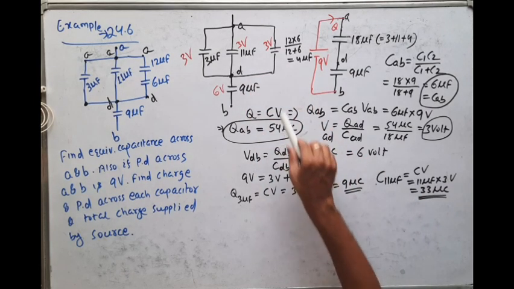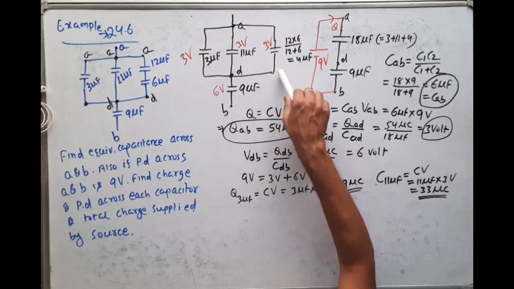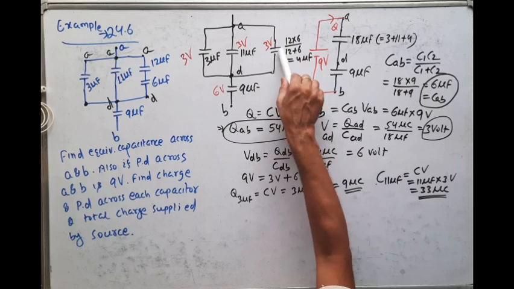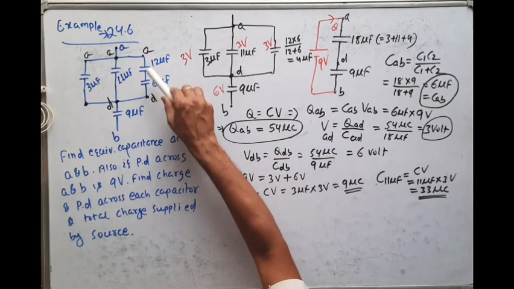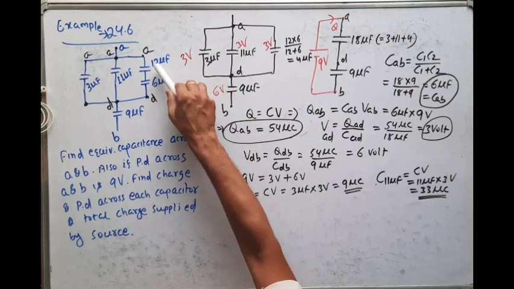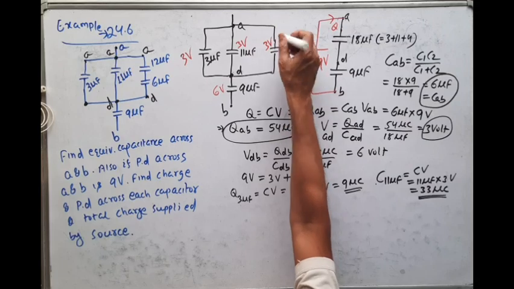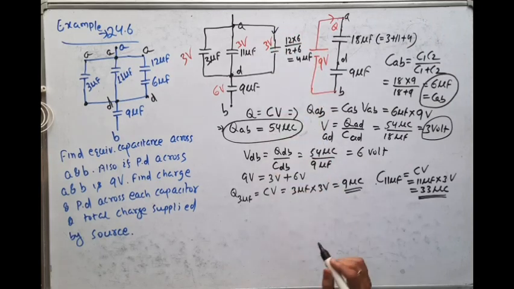Similarly, what is the charge across this third path, terminal A and D? You see, in the third path there are two capacitors connected in series, 12 and 6. And what is the equivalent capacitance? That is 4 microfarad. So in this path, what is the charge value?